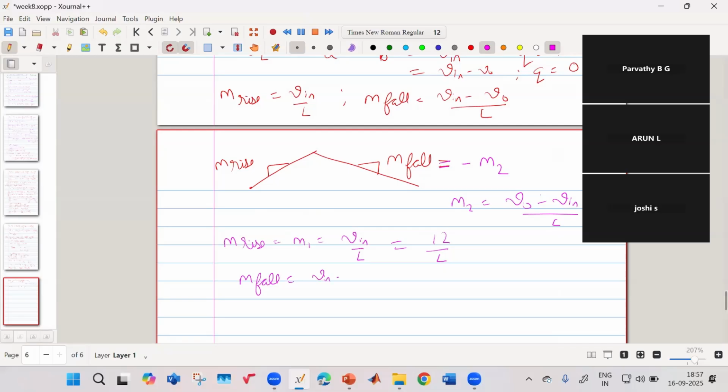Since my output voltage is 48 and input voltage is 12, what will this be? Minus 36 by L. Okay, correct. But your M2, as used in your modeling, is equal to minus M fall. So that is equal to 36 by L.